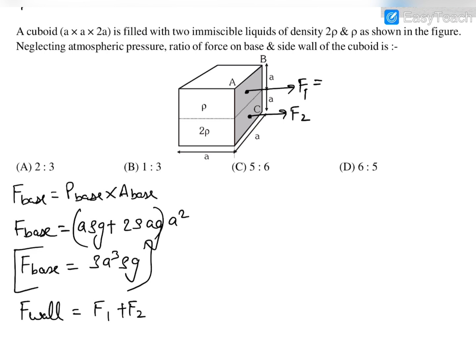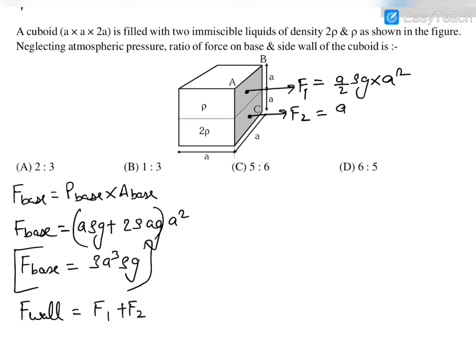Now F1 can be calculated by that short trick in which we use the pressure at the center of mass of the wall multiplied by wall area. So pressure at the center of mass of this wall will be A by 2 rho g, into wall area A square, and pressure at the center of mass of this lower wall will be A rho g.